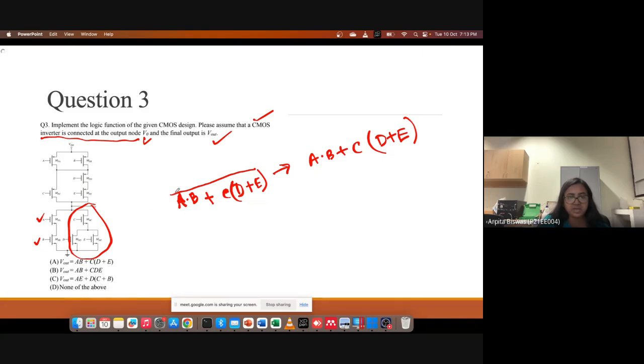And the output is coming out as the whole bar, but here it is mentioned that a CMOS inverter is connected at the output node V0. So if the inverter is connected, then the bar will cancel out, and then it will come out as A into B plus C into D plus E. So which option is the right answer? The first one, right?